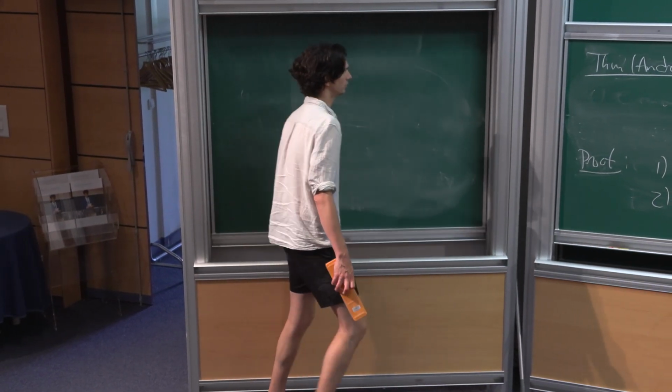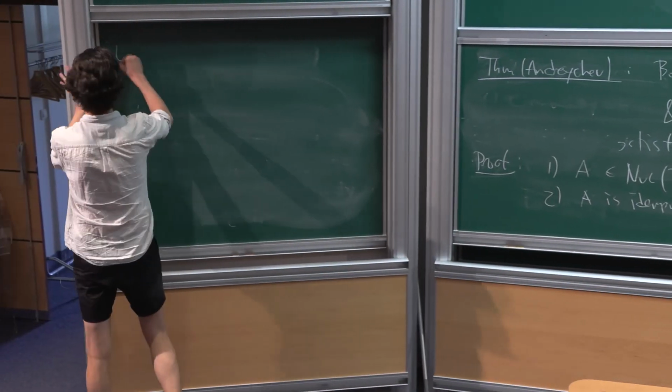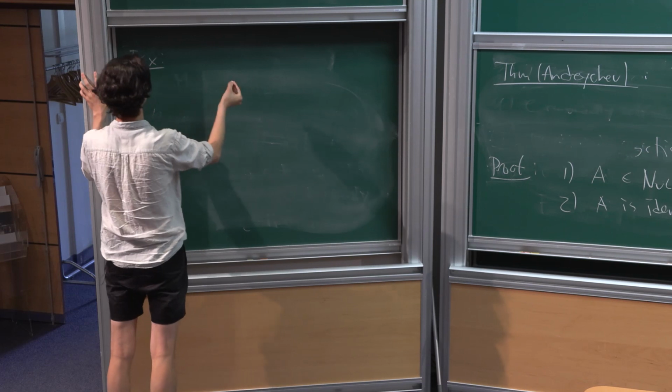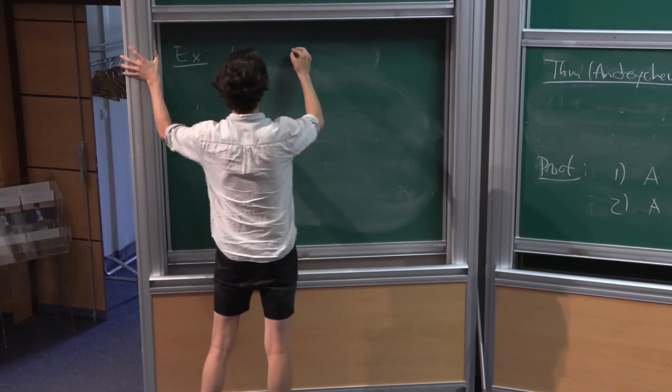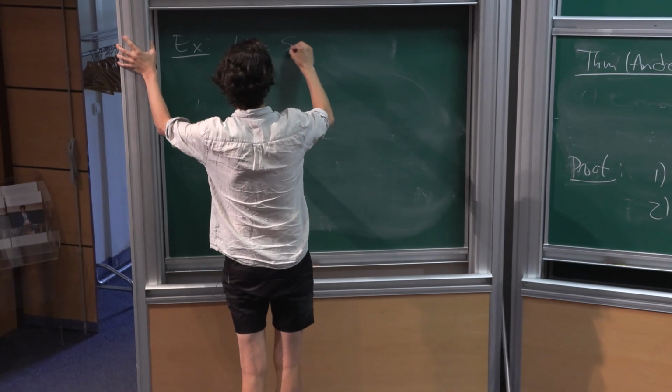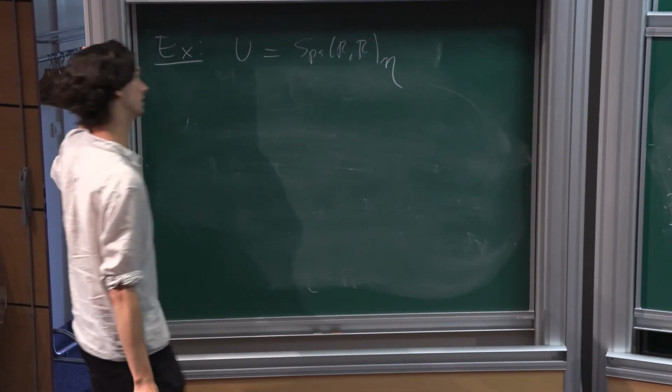So let me give just one example of what's going on here. If you take U to be a certain open, which is SPA R the analytic locus.